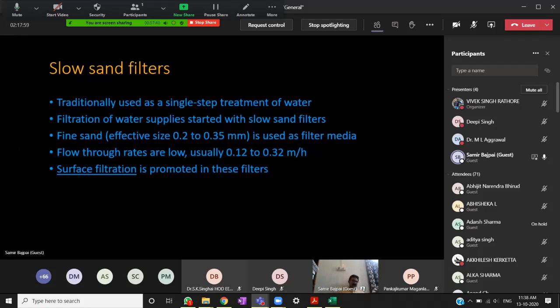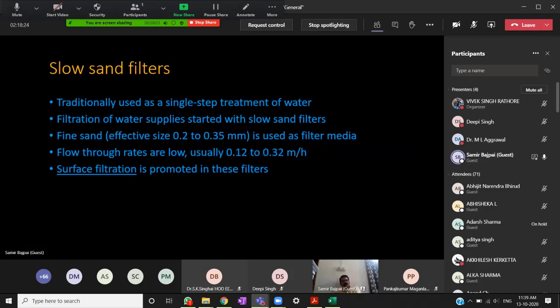With slow sand filters the rate is slow, so you require more units and a large area to operate. But the advantage of slow sand filtration is that you don't have to go for any other treatment. You do slow sand filtration directly, and then you can go for disinfection and supply the water.